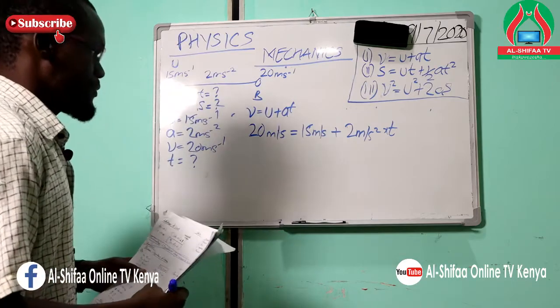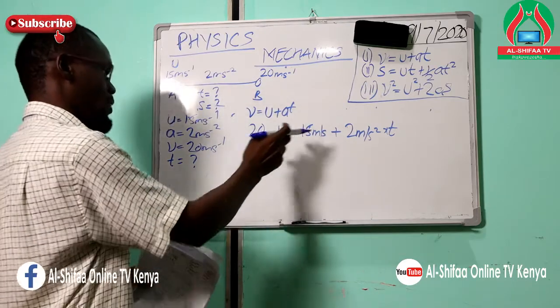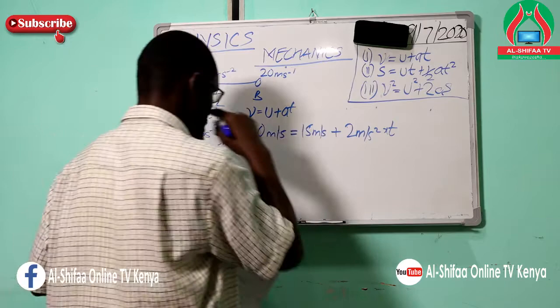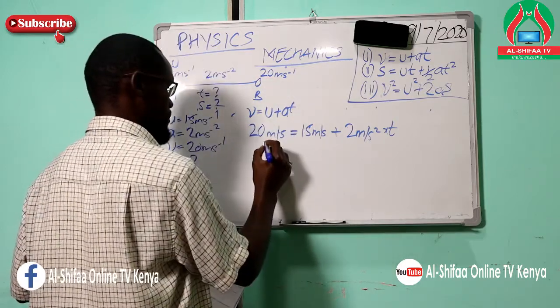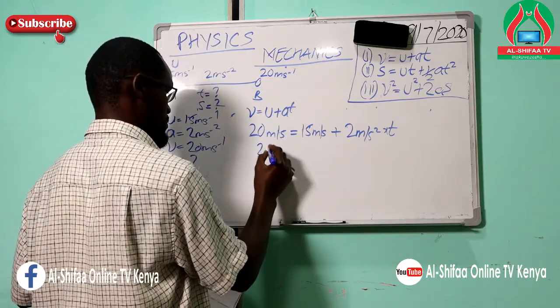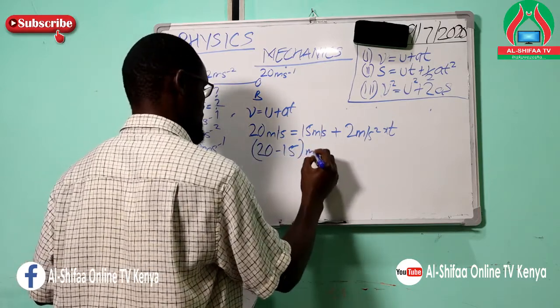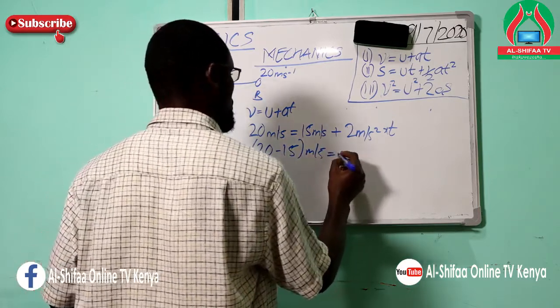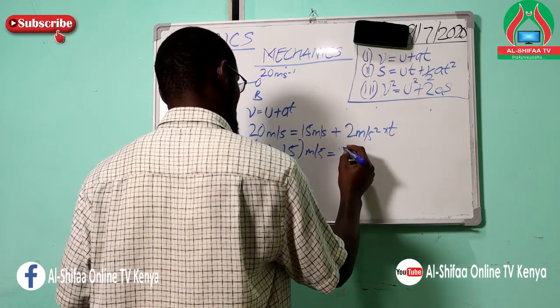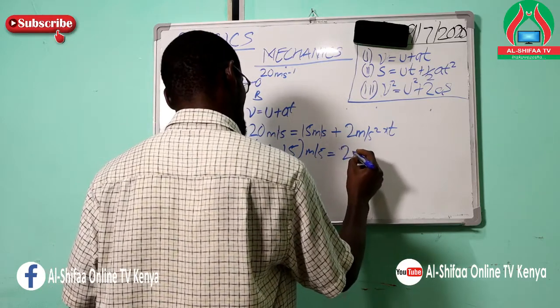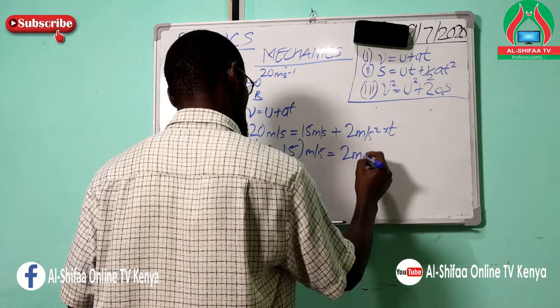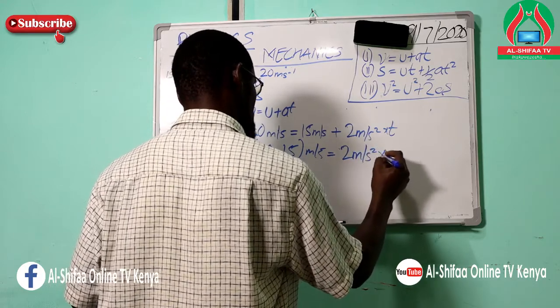So we'll collect the like terms together. We'll have that it will be 20 minus 15, in bracket, which will be meter per second, is equal to 2 meter per second squared times t.